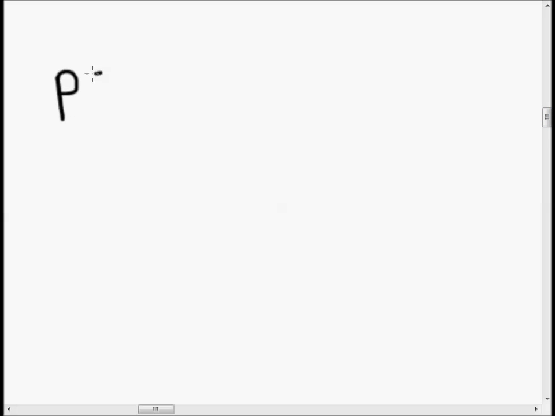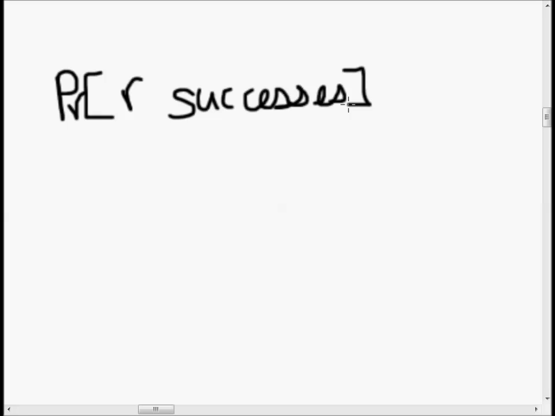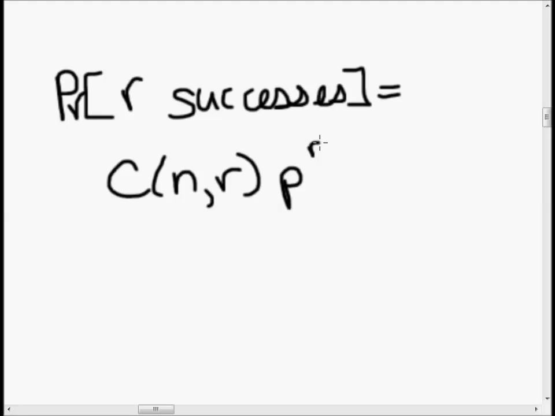The probability of any number of R successes, just to keep in sync with what you've got in your book, is equal to the combination of n choose R, times the probability of a success, P, to the power of R, times Q to the power of n minus R, and that's it. It is just that easy.